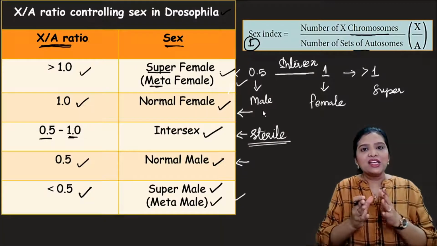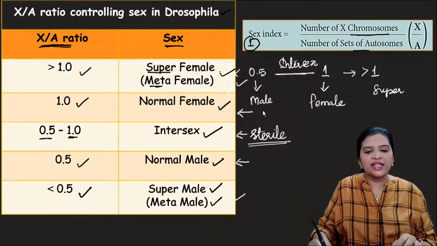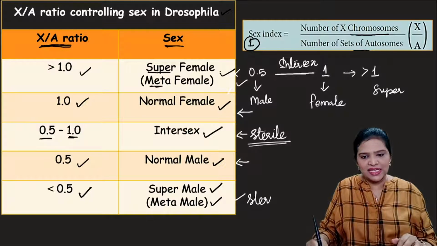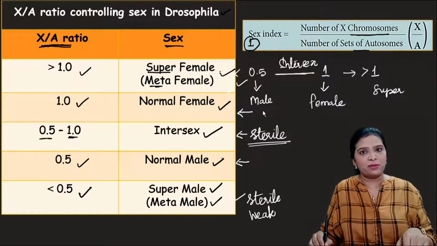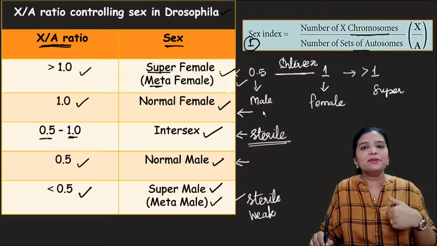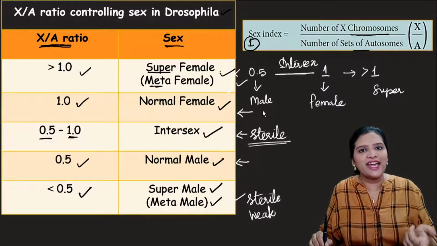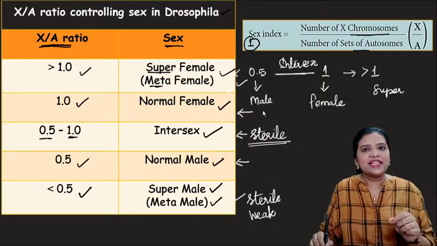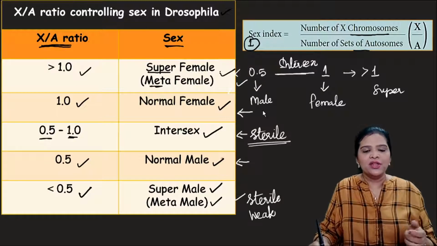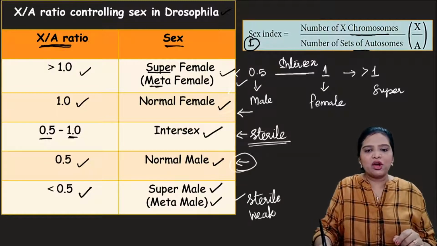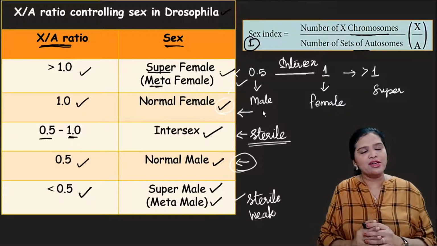They are also sterile. They are very weak organisms. Though they are named super male and super female, we should not think that they will produce good sperm or good eggs. They are sterile. They do not have the ability to reproduce, like intersex. Okay. So only normal male and normal female are able to produce offspring.